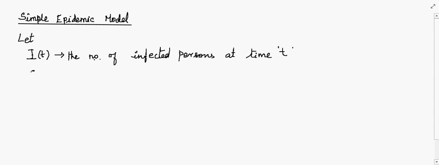And another one is S of t. This denotes the other persons in that locality, that is the number of susceptibles at time t.